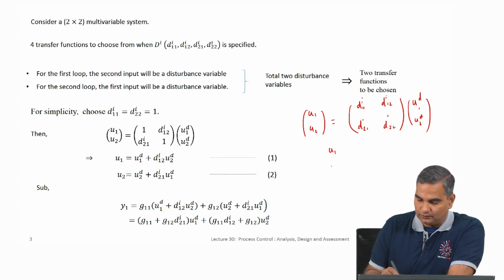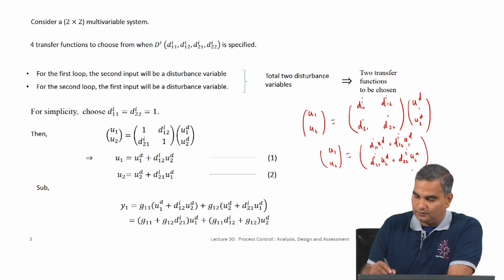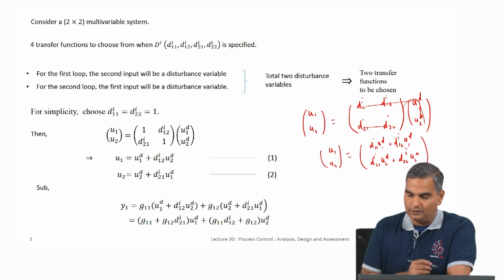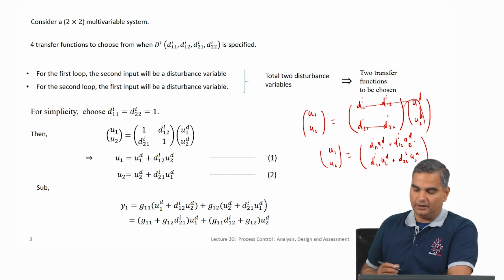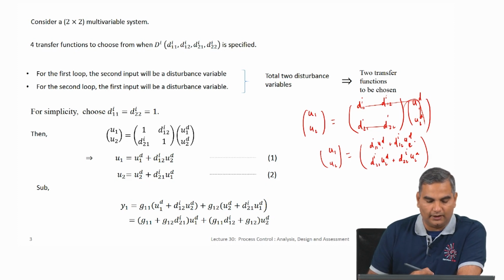So, you will write it like this: u1 u2 equal to Di 1 1 u1 decoupled plus Di 1 2 u2 decoupled, and Di 2 1 u1 decoupled plus Di 2 2 u2 decoupled. So, this is your matrix multiplication, right. So, you notice u1 and u2 are written as linear combinations of u1 decoupled and u2 decoupled. Okay. Now, we have 4 things to choose, which is Di 1 1, Di 2 2, Di 2 1 and Di 1 2.